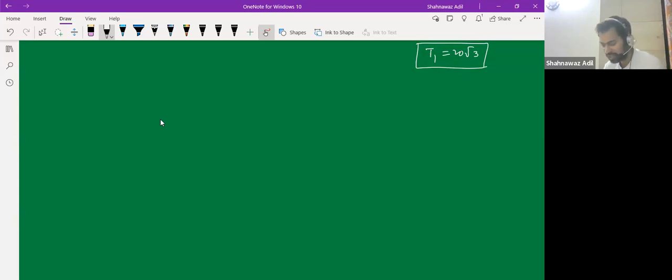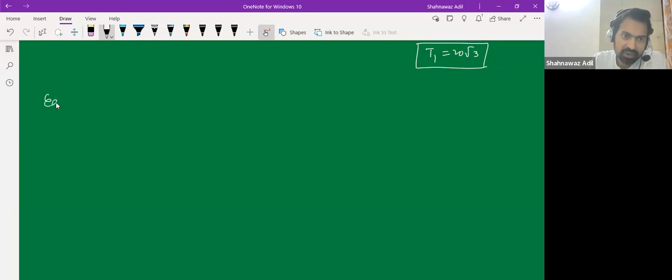What was the crucial condition for equilibrium? Net force should be zero. Absolutely right. So if the object is not at equilibrium, the net force is not zero. Absolutely right.